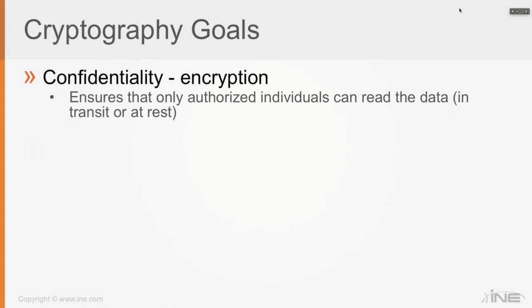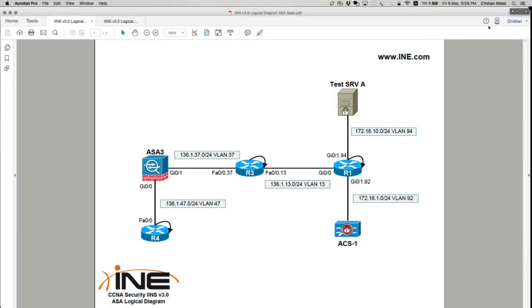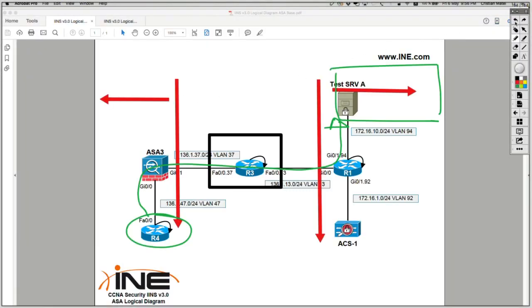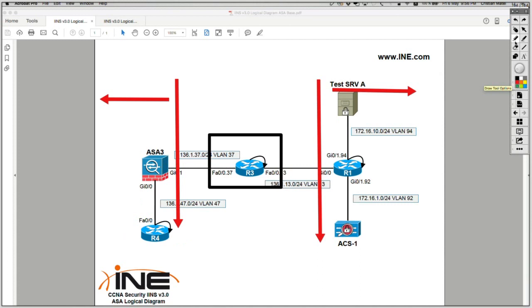So confidentiality means encryption, which means we're going to somehow change the data so it's not readable in transit or at rest. As traffic flows through that untrusted network, say what you send is a PDF file, which contains, it doesn't matter, a single word or an image. Let's say it contains an image.